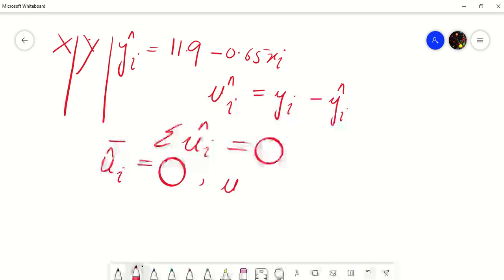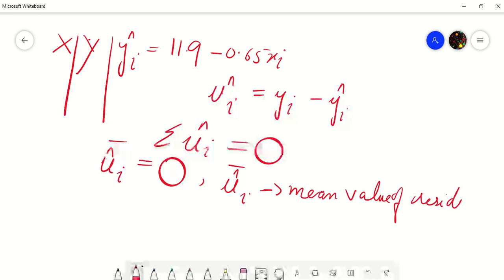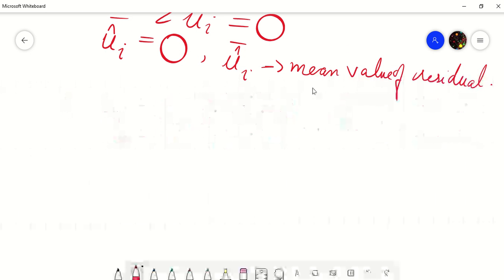And here mu i hat bar is the mean value of residual. So how do we actually prove this? This comes from the OLS derivation. If you see the derivation we did in our last lecture, it is like this.